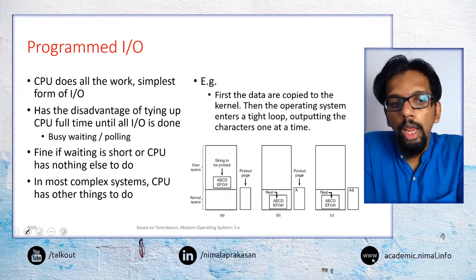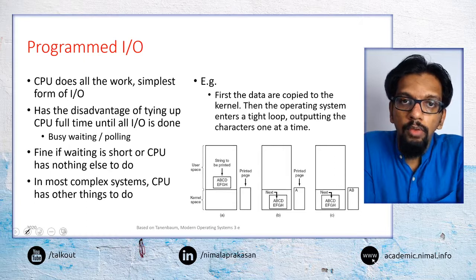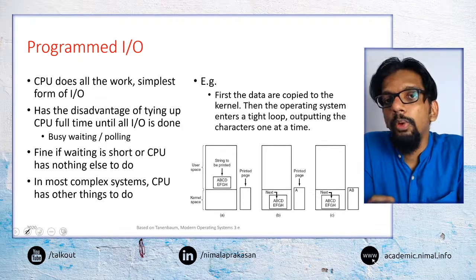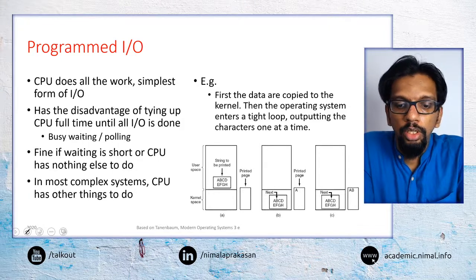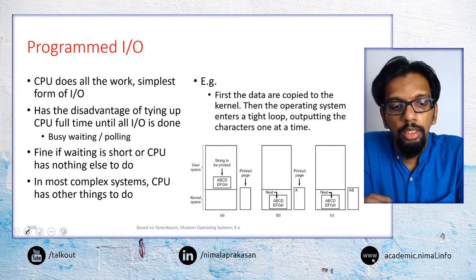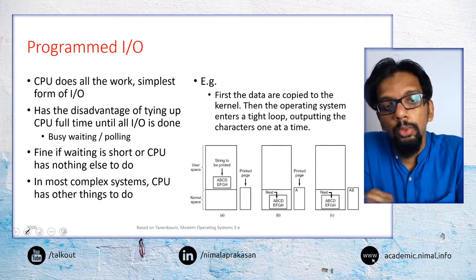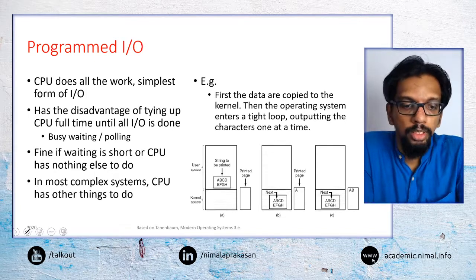So with programmed I/O, the CPU is the one that is doing all the input-output related activities. All the input-output related communication will be manually or individually managed by the CPU.